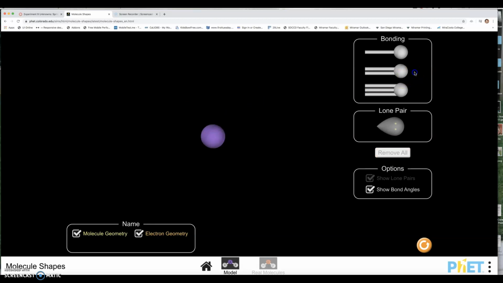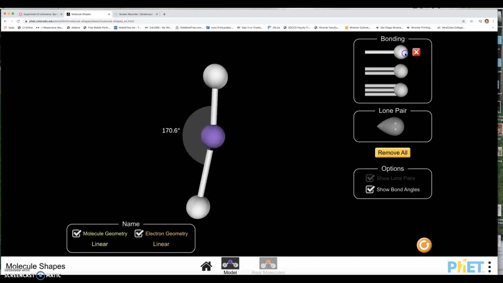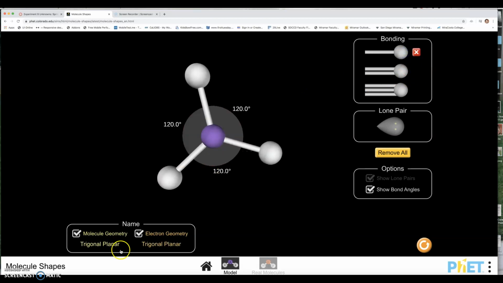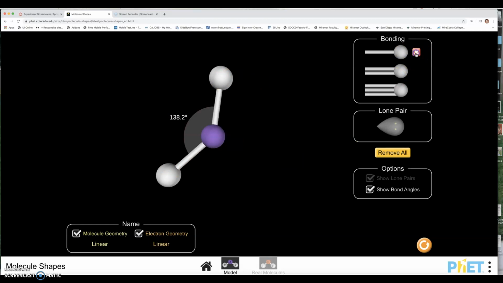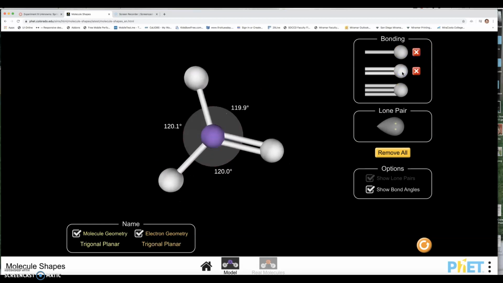Now, if I have three atoms attached, we see that I have the trigonal planar arrangement. That leaves me with a 120-degree angle. Again, same concept. It doesn't matter if the three atoms are bound singly or if one of them has a double bond.